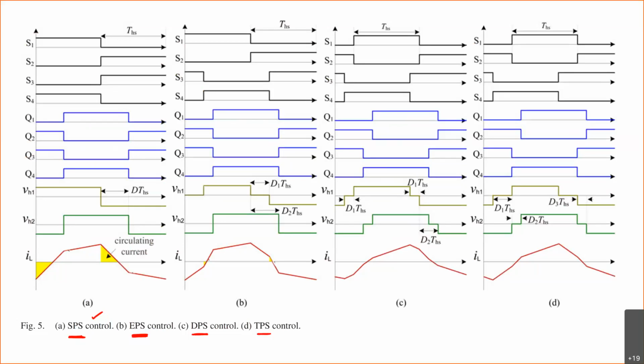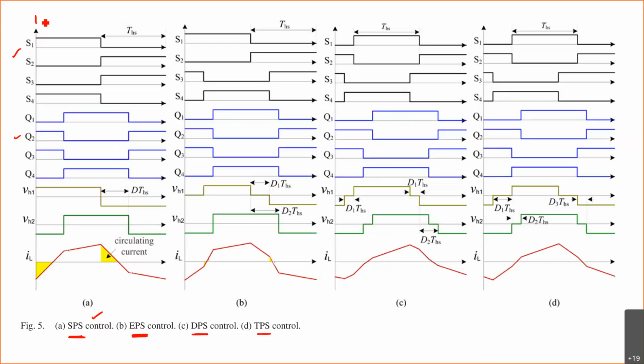Let us assume these are the first converter switching pulses, and these are the second converter switching pulses. S1, S2, S3, S4 are the first converter, and Q1, Q2, Q3, Q4 are the second converter switching pulses.